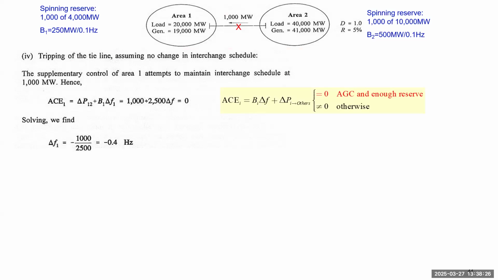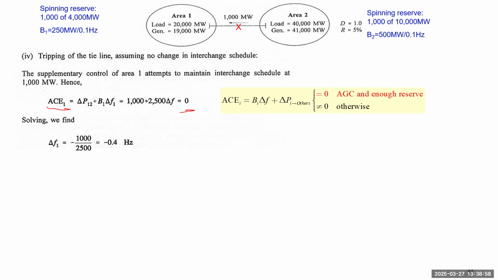For the next case, what if we open this tie line? If we open this tie line and the operator didn't update the ACE setting because he didn't notice the loss of the tie line, the supplementary control or the AGC of area 1 will still try to maintain the interchange schedule at 1,000 megawatt, which means ACE1 will try to be 0.